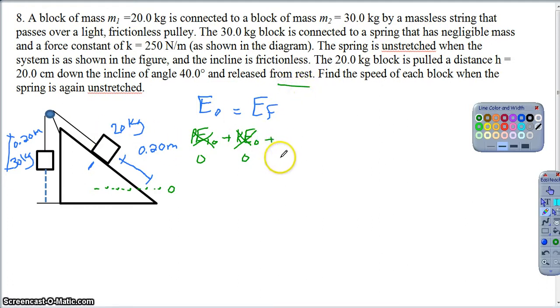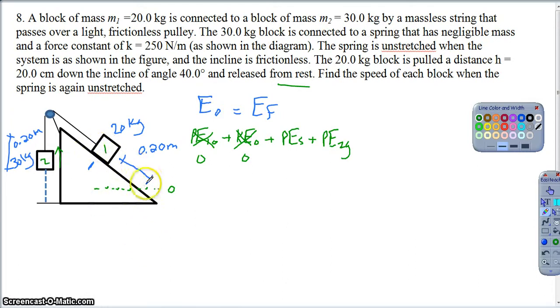But I would have two forms of energy that I start off with here. I would have the spring potential energy as that spring stretches, and I'd also have the change in potential energy due to gravity as the second block has been lifted up. I'm going to call that the potential energy 2 of gravity, distinguishing that this is the second block over here and this is the first block over here.